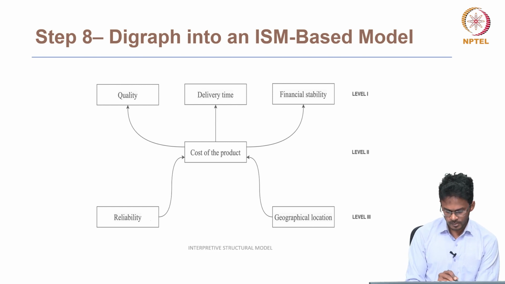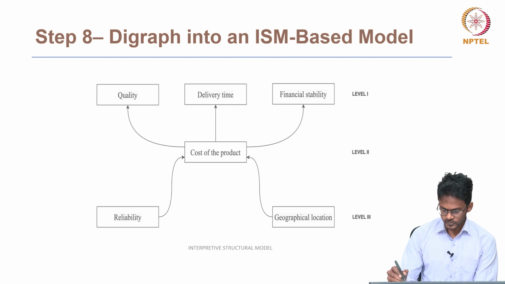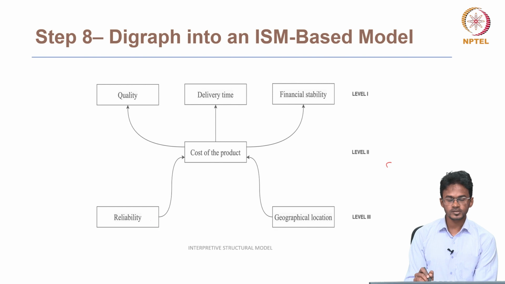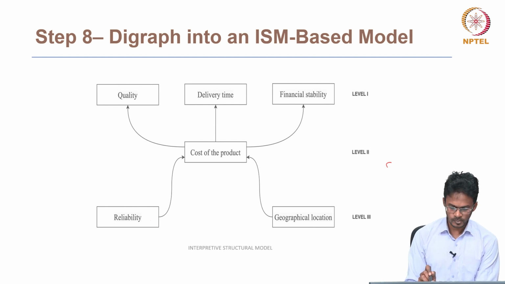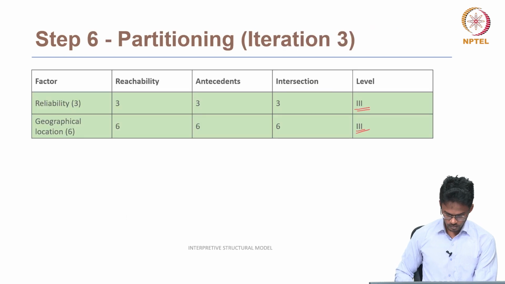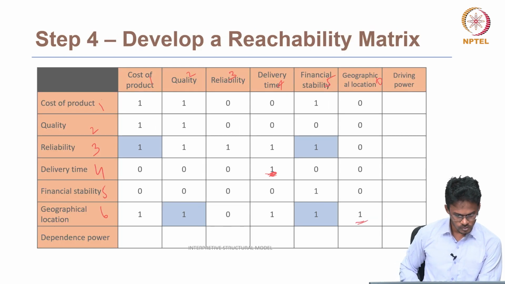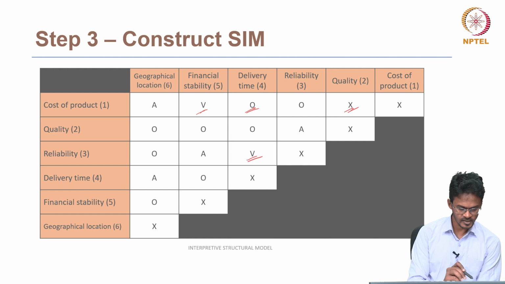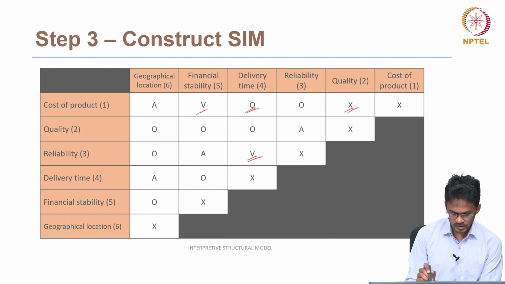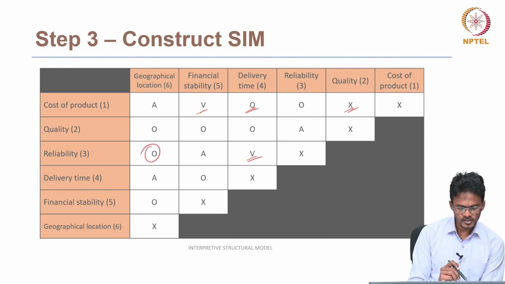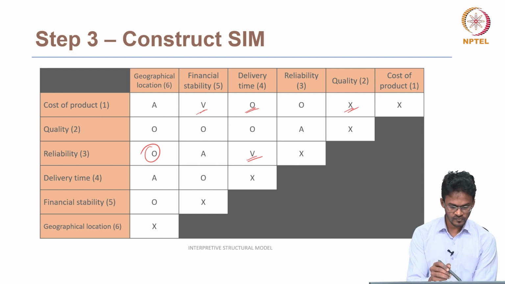It means that reliability and geographical location are in the same level, so their relationship should be either O or X. It should not be V or A. So we will check the relationship between reliability and geographical location in the self interaction matrix. It is O. Hence there is no one way link between reliability and geographical location.